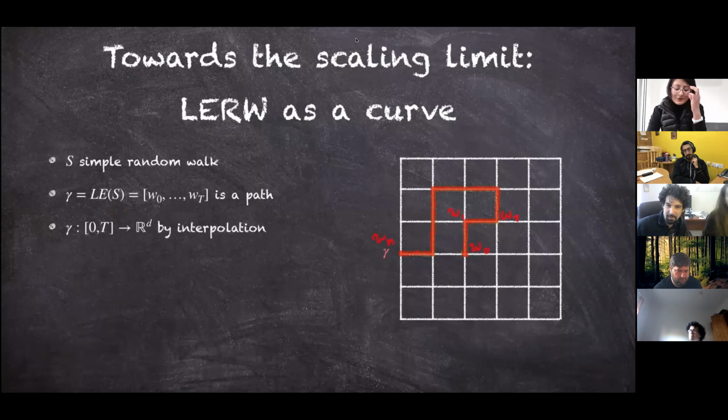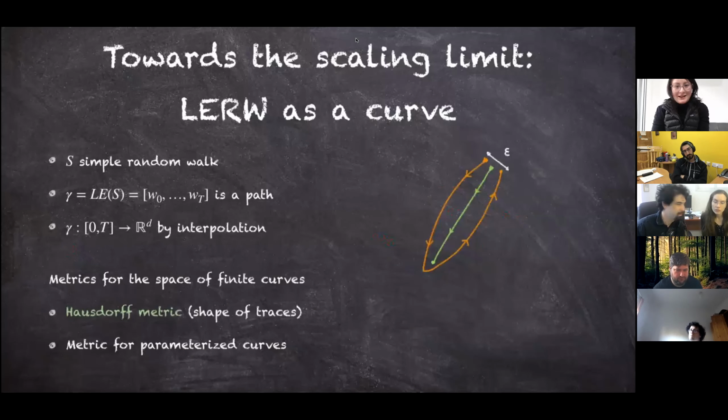But we can be a little bit more sophisticated and say, well, this is in fact a path, because you can interpolate between each one of these edges. So gamma defines a curve from the interval [0,t] to R^d, just by interpolation. And this has the advantage that we already have a lot of metrics for a space of finite curves.